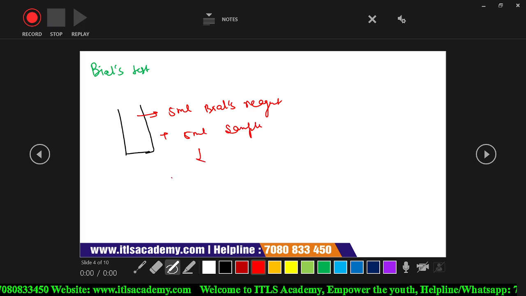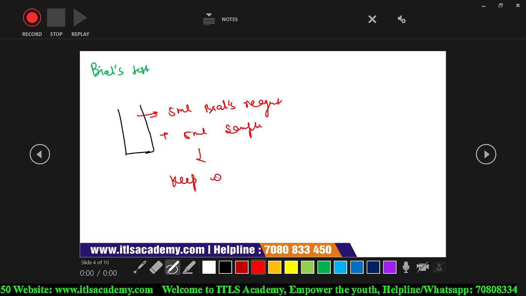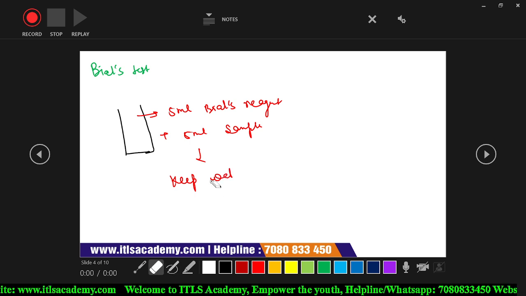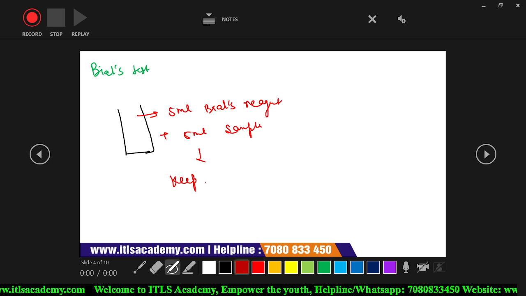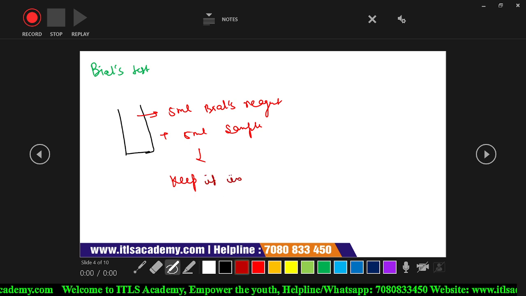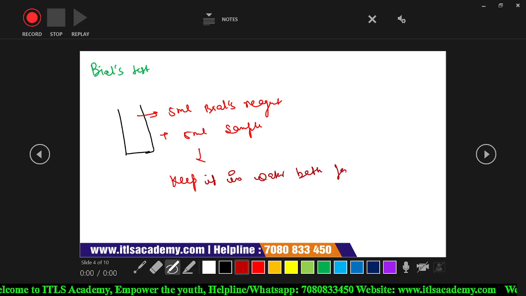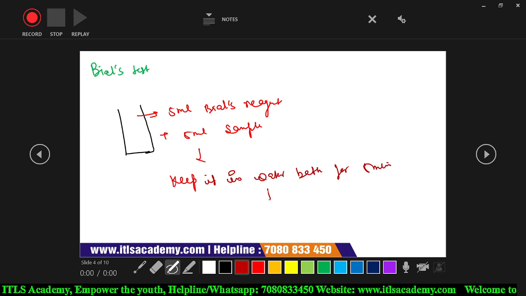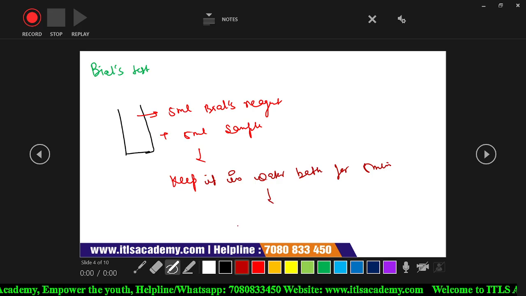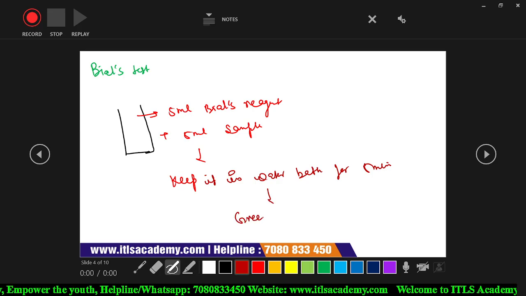Then we keep it in water bath for 5 minutes and observe the green color formation.